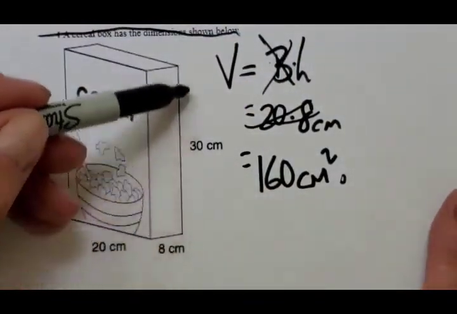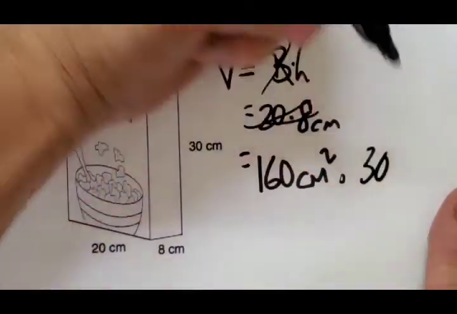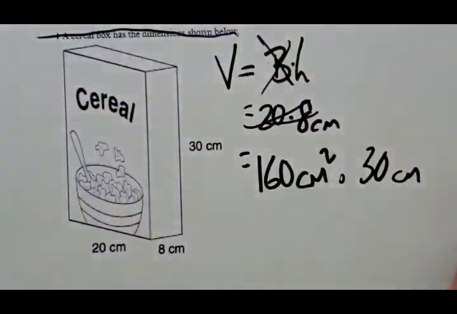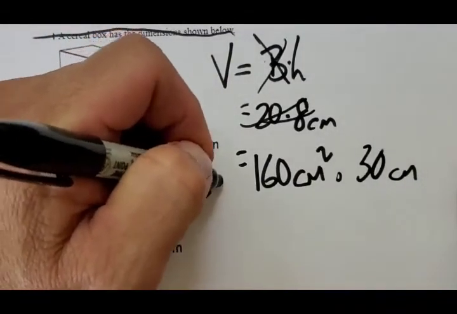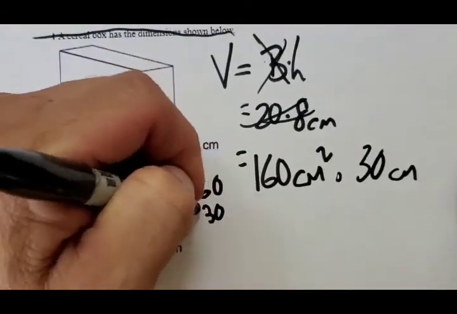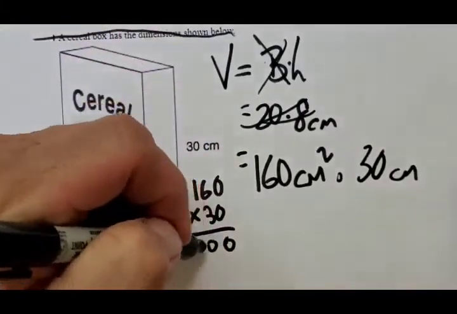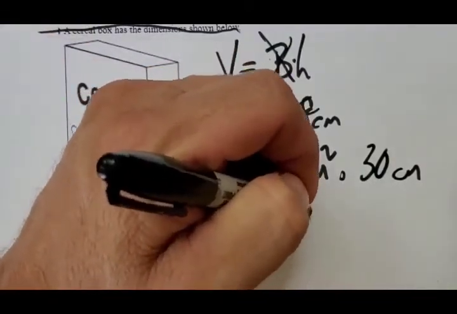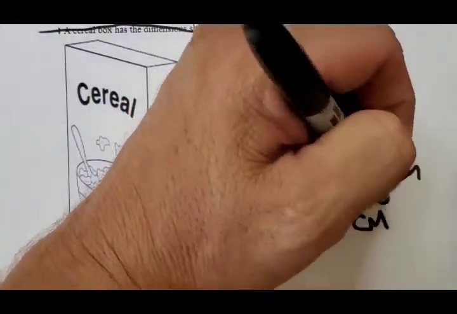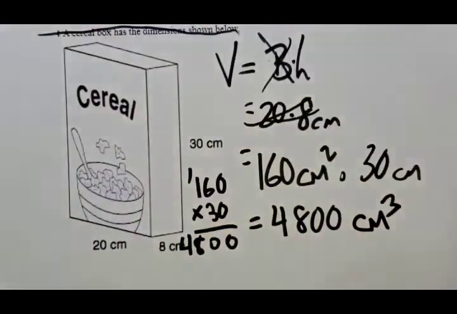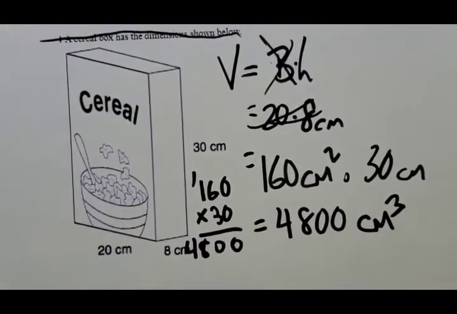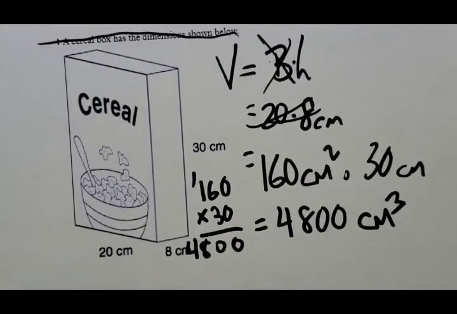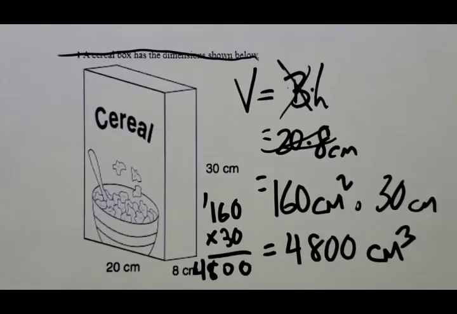If you look at it, the height of this prism is 30 centimeters to the first. Well, if I multiply that out, I'll do the math off to the side. 160 times 30 is 4,800 centimeters cubed. Okay? So the volume of this cereal box is 4,800 cubic centimeters.